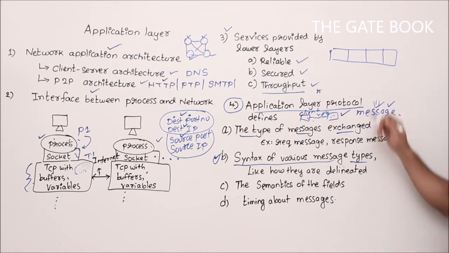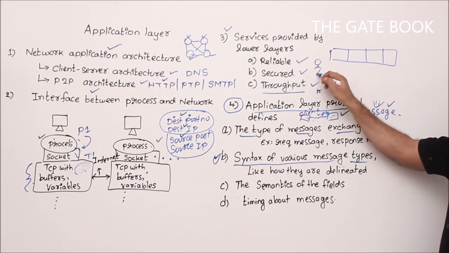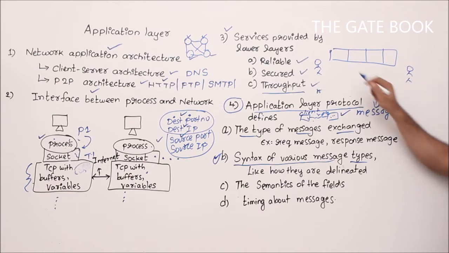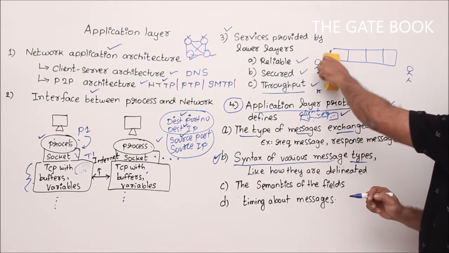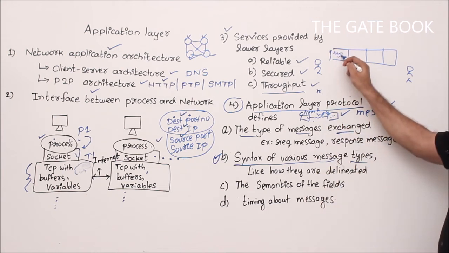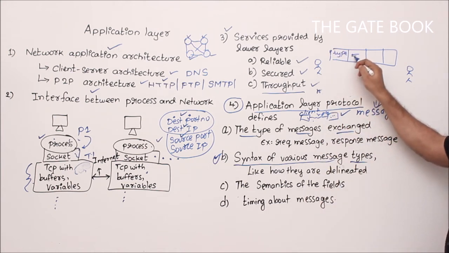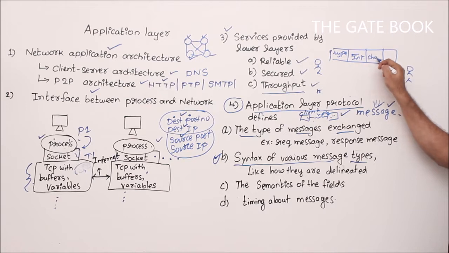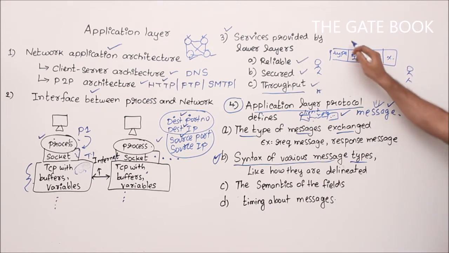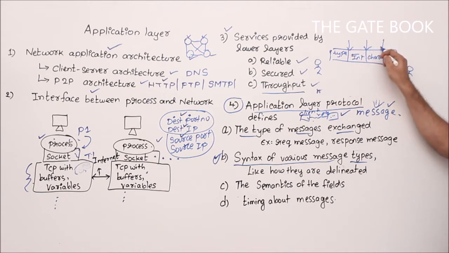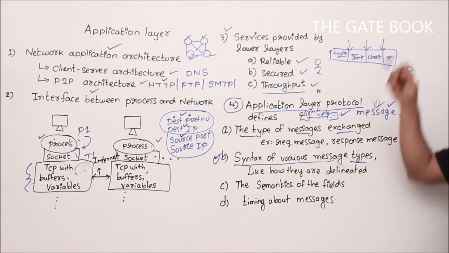I can send a message to another person, and this is, let's say, the type of the message, some extra information, this is some integer, this is some character, and this is some extra thing, whatever. If you don't divide it properly like this, then you can't understand the meaning of the information.